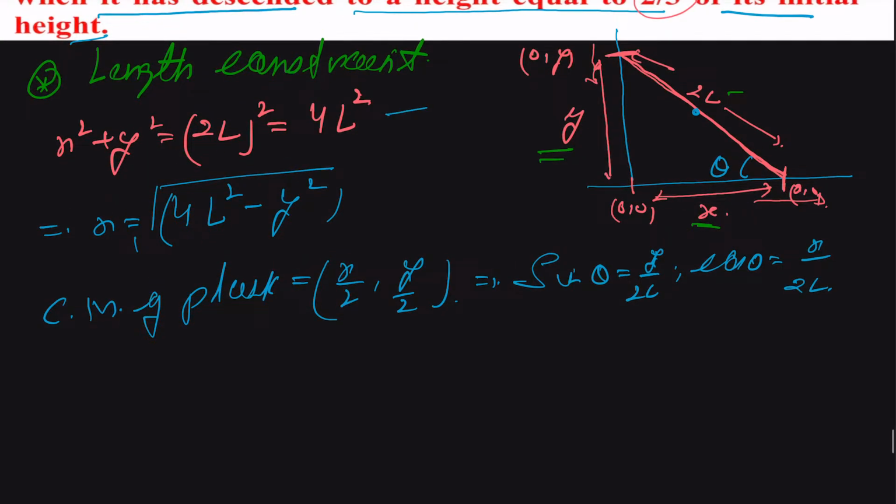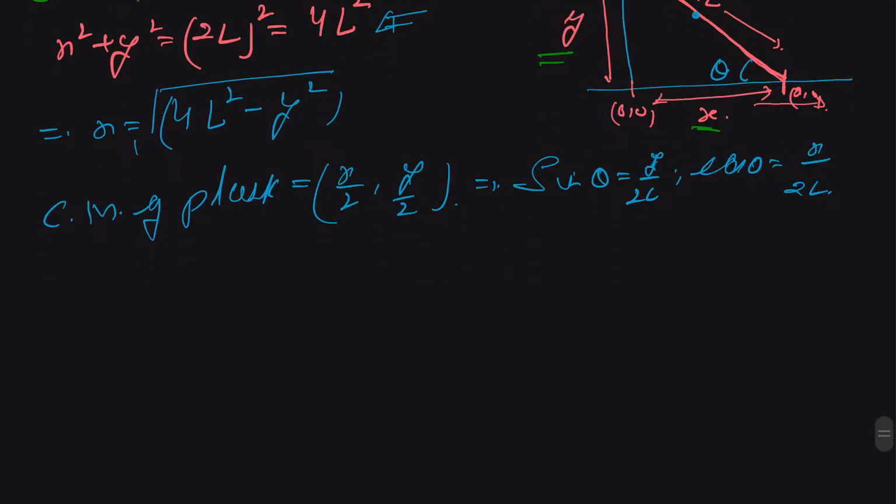We are once again going to come back to this equation and differentiate it to get the various values, the kinematic relations. So x square plus y square is equal to 4L square.